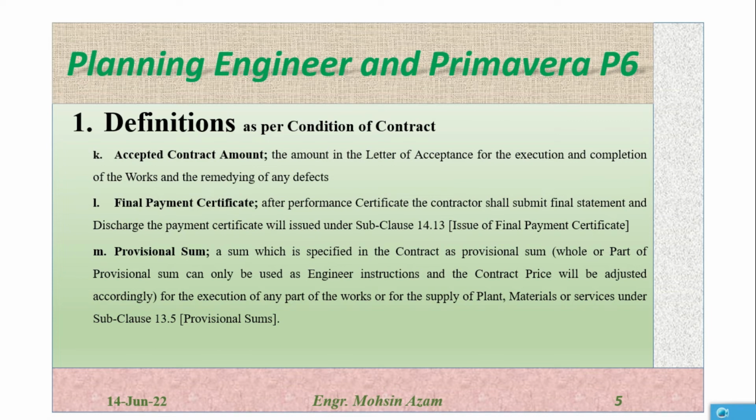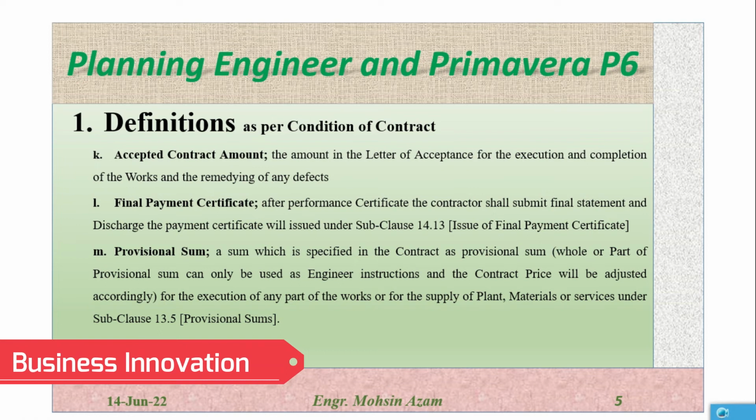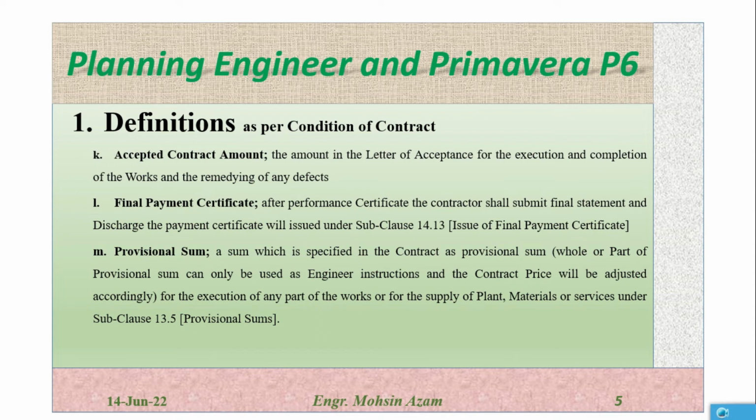This is any variation or material change which costs higher than the actual rate of the material. So all these things, any overhead charges, can be adjusted from the provisional sum.